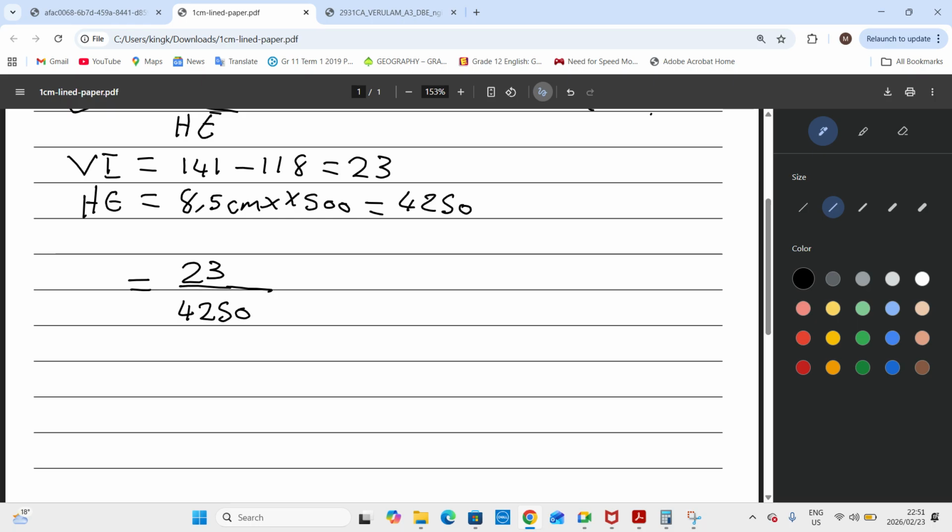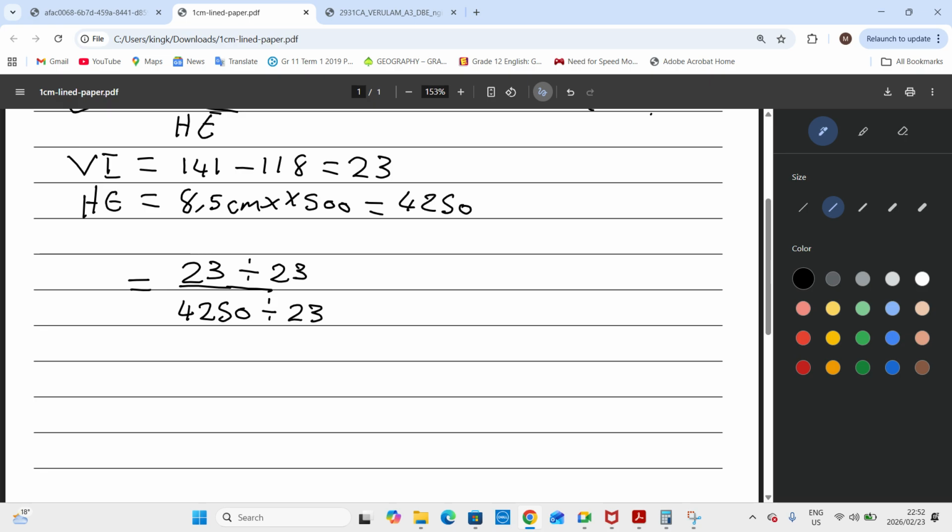Now, how do we solve the problem? You will then have to divide the numerator by itself and then divide the denominator by the numerator. Please note that this is only done when the numerator is smaller than the denominator. If it is the opposite, you just punch this into a calculator and you get your answer.